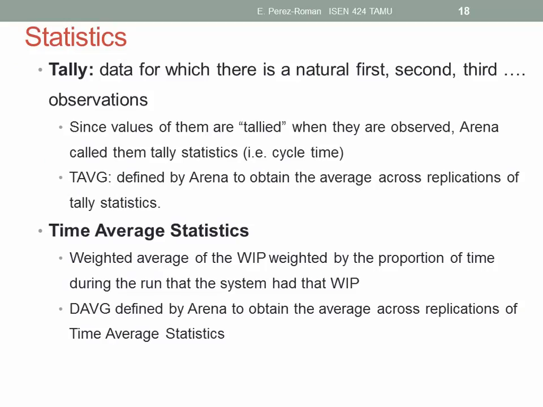The tally is data for which there's a natural first, second, third observation. So basically, this is like putting something inside a map. If you're collecting information about the cycle time, let's say this is your plot, and every part that is completed will go outside, like when it is done.